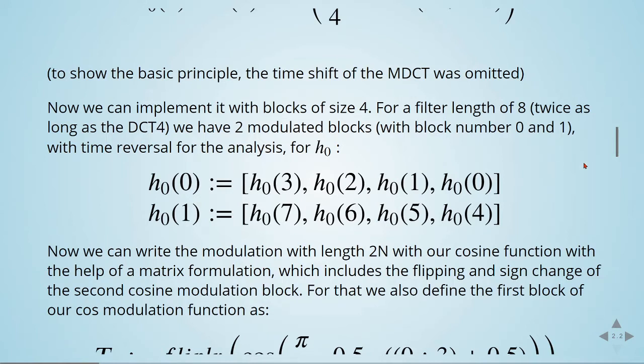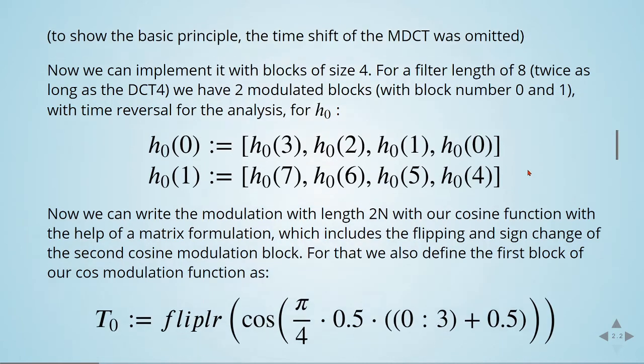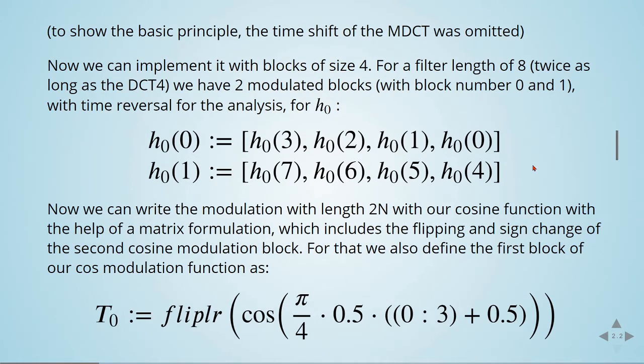We have 2 modulated blocks with block numbers 0 and 1, with the time reversal for the analysis. So for H0, we have here block 0 and block 1, and you see there's a time reversal for the analysis for H0.